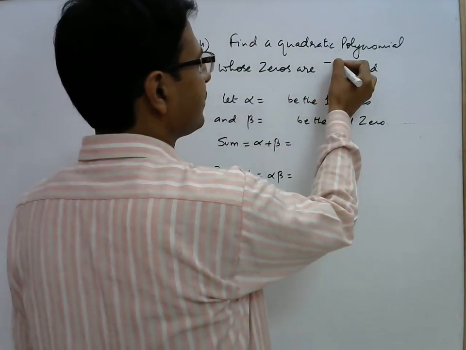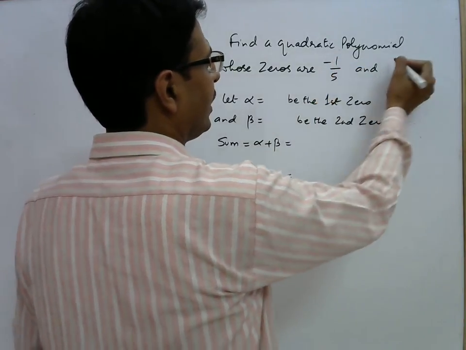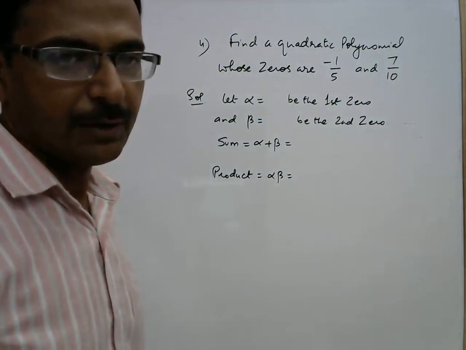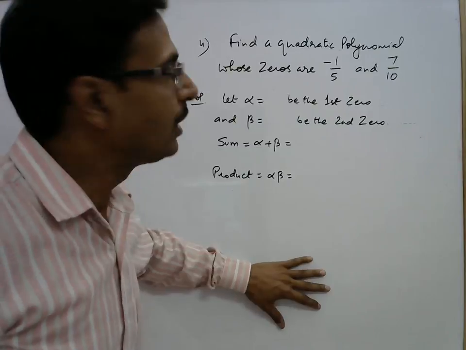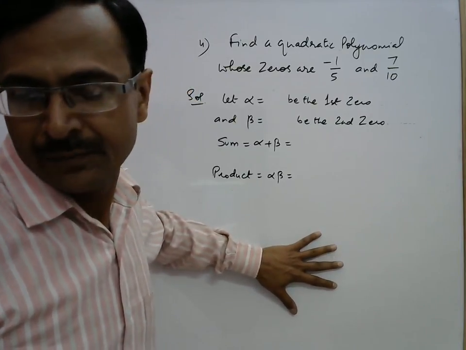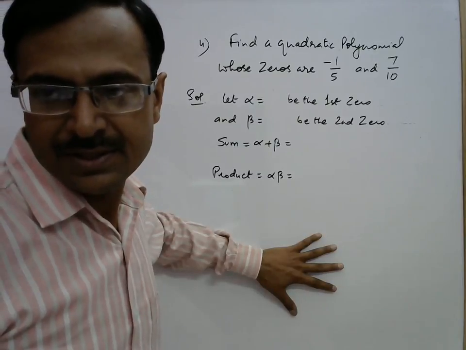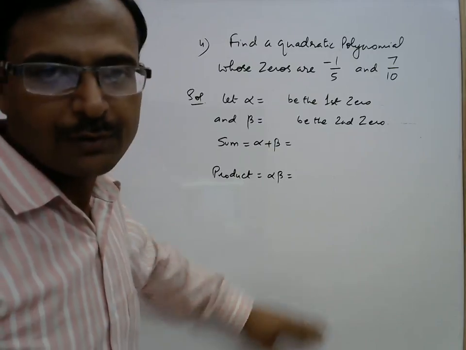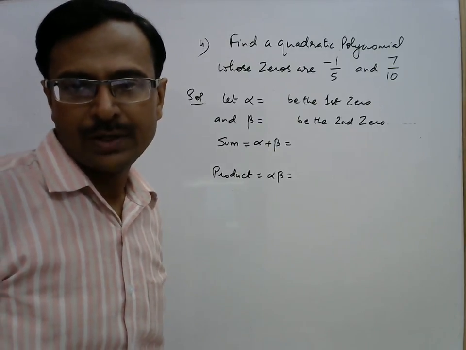This is minus 1 by 5 and 7 by 10. Now find a quadratic polynomial whose zeros are minus 1 by 5 and 7 by 10. Now let me see the first right answer which I get. Waiting for you to solve it. No hints this time.